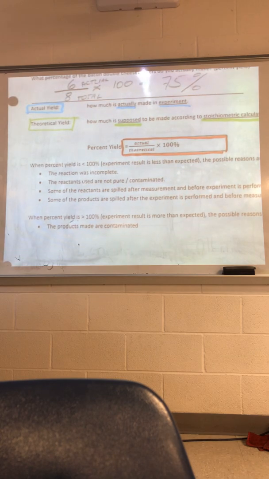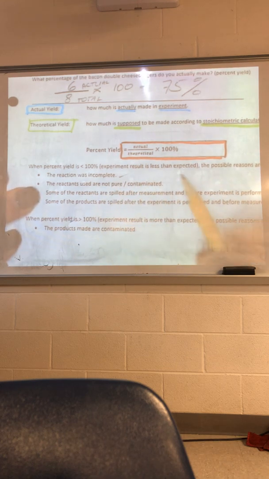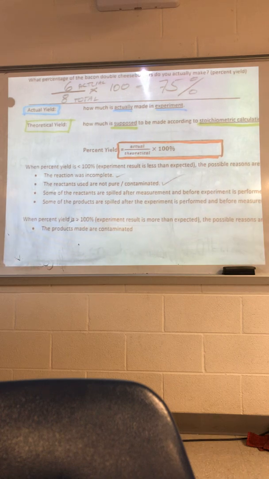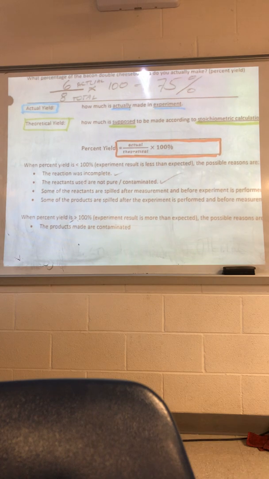When percent yield is less than 100%, let's say you should make 8 sandwiches, but you make less. The possible reasons are the reaction was incomplete. The reactants were not pure. Some of the reactants were spilled after the measurement. Some of them were spilled before the measurement, right? Or your sandwiches simply fell on the floor and you couldn't serve them anymore to your guests.